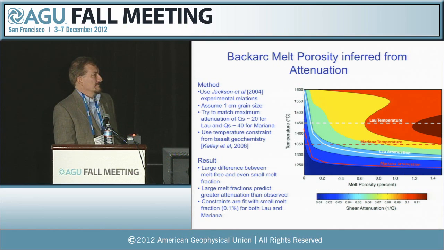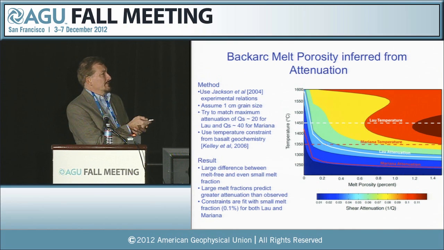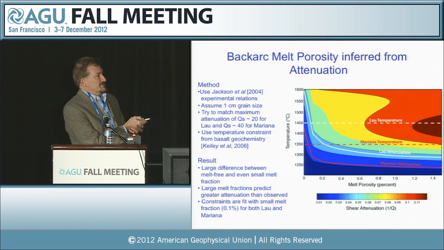I'm going to have to skip through this pretty fast, but basically this was a calculation that I did using the Jackson et al. experimental relationships and the inferred temperatures from geochemistry and petrology, the mantle potential temperatures in the Lau and Mariana.